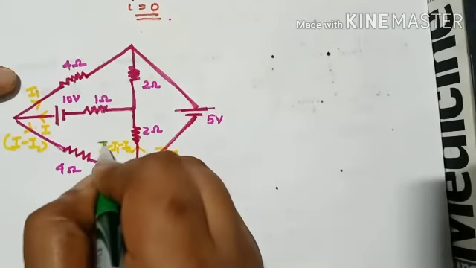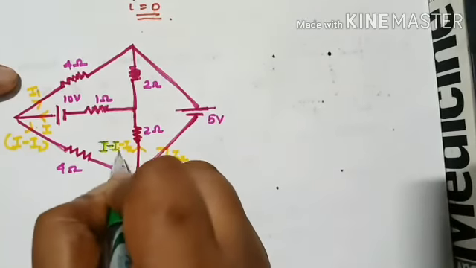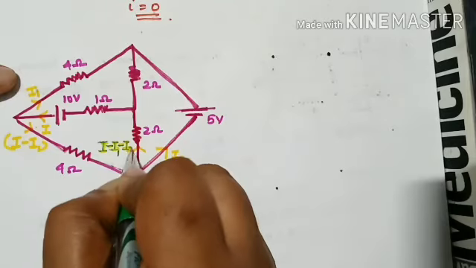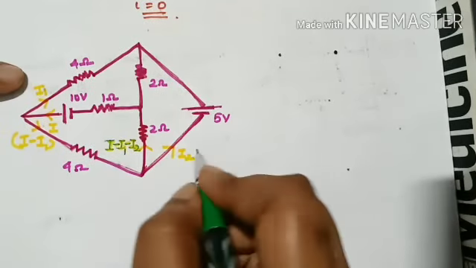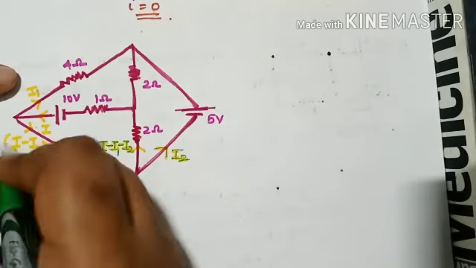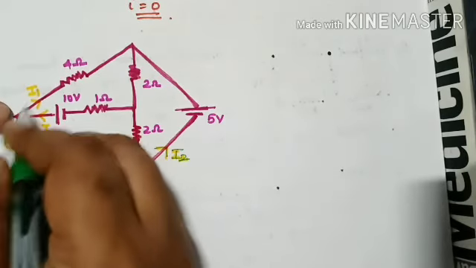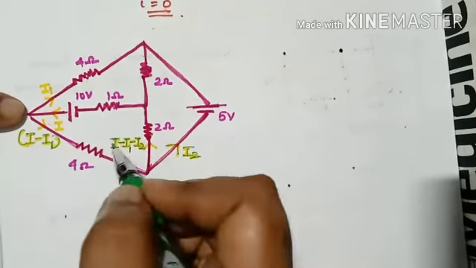I hope this will be clear: I minus I1 minus I2. This is I2 in this direction, and this is I minus I1. I hope you understood how the current I splits off I1, so the rest will be I minus I1.